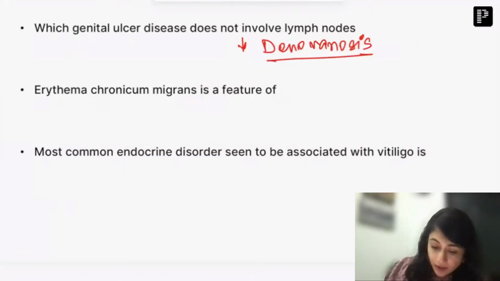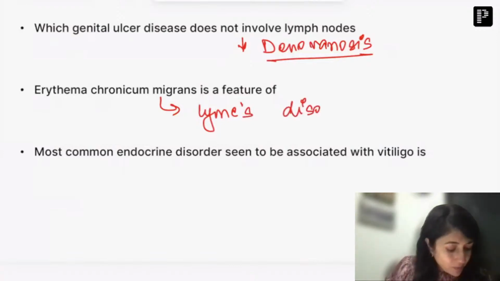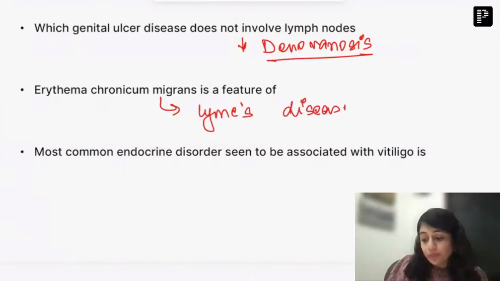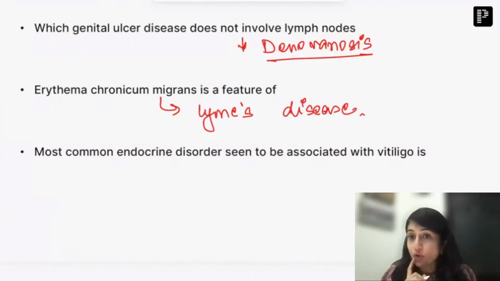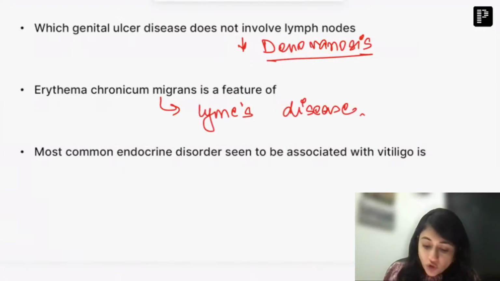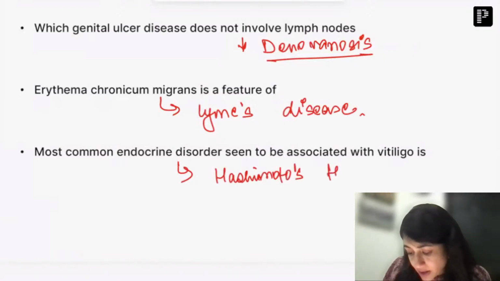Yes. ECM is a feature of Lyme's disease. Absolutely right. Lyme's disease is caused by a spirochete, Borrelia burgdorferi, the vector being Ixodid ticks. ECM is a feature of Lyme's disease. And the most common endocrine disorder seen associated with vitiligo is, you're right, thyroid disorder, and predominantly Hashimoto's thyroiditis.